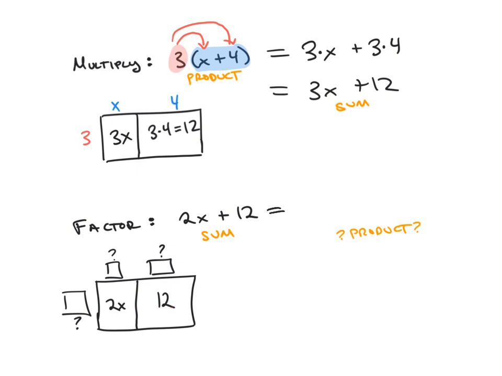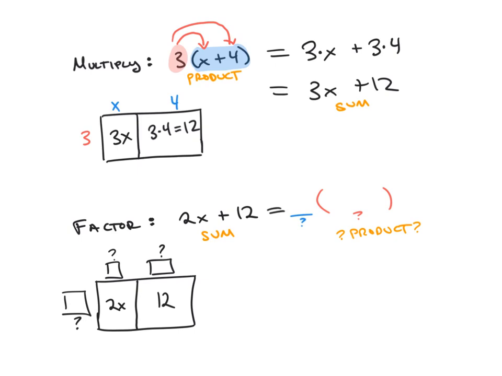So I'm basically going to try and have an empty slot here at the beginning and fill that in, and then an empty group right here. And I need to figure out what goes inside the two empty parts. And here I can see the number 2 hidden, not very well hidden, inside of 2x, and the number 2 hidden inside of 12.